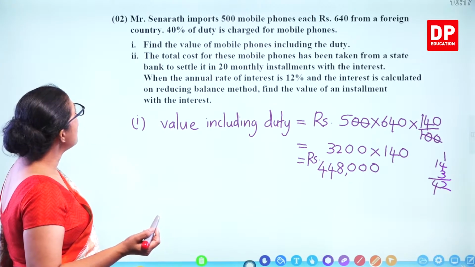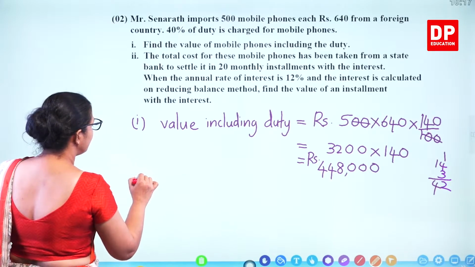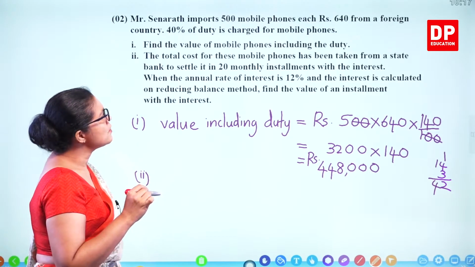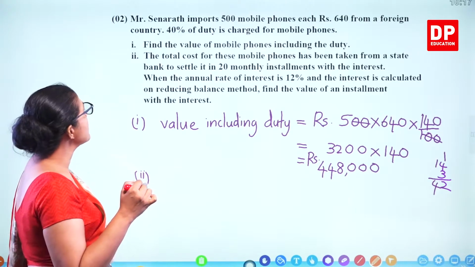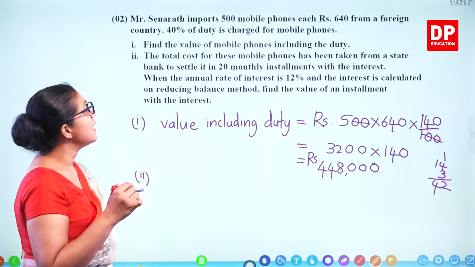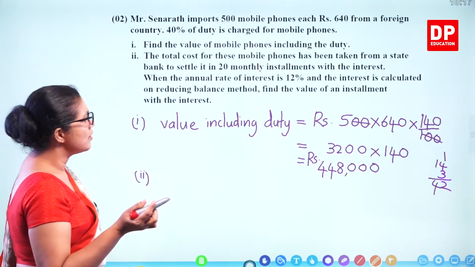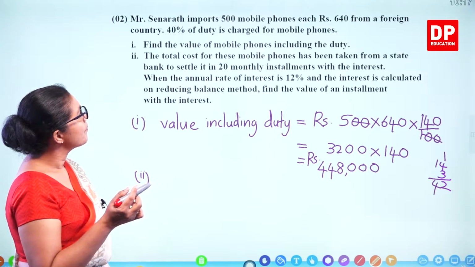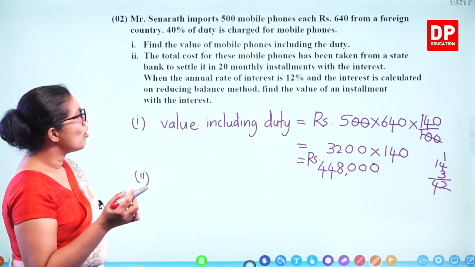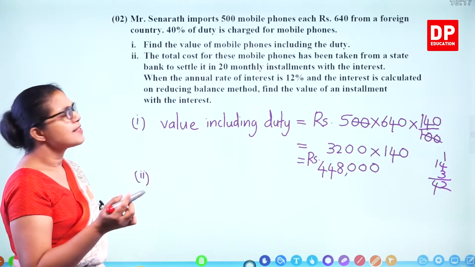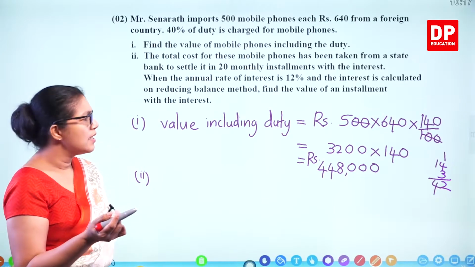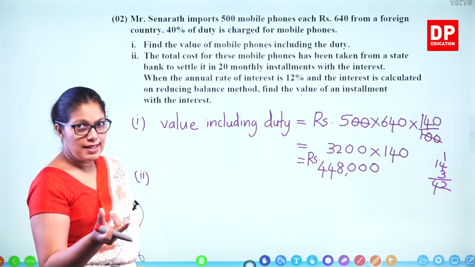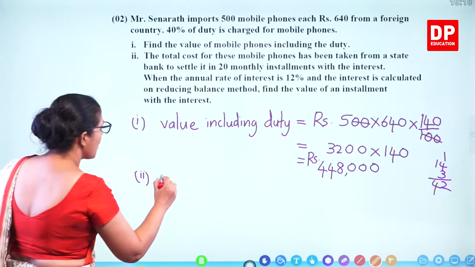Now the second part. The total cost for these mobile phones has been taken from a state bank to settle it in 20 monthly installments. So this is the amount taken as a loan. So 20 monthly installments are there. So the first step is to find out the amount you have to pay monthly without interest.